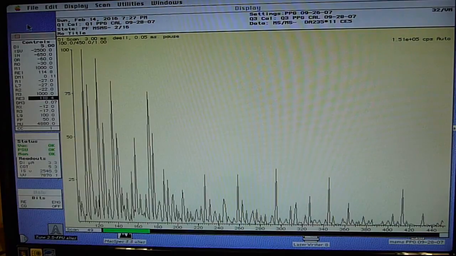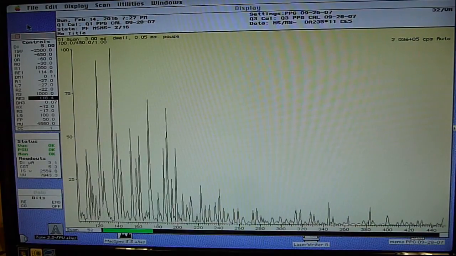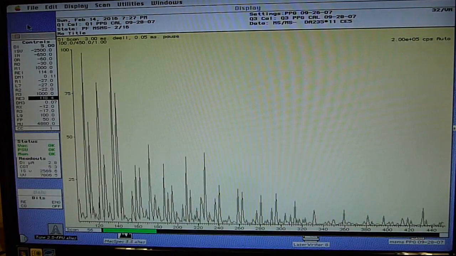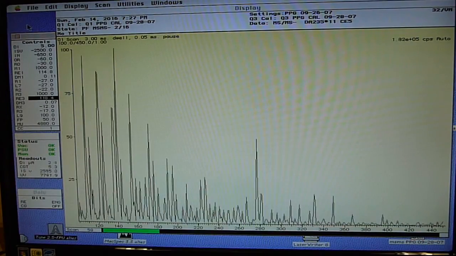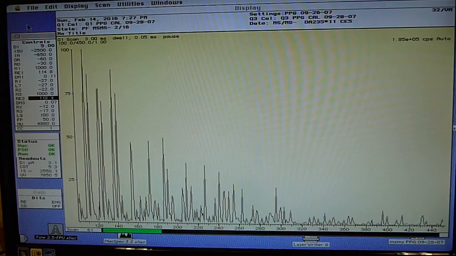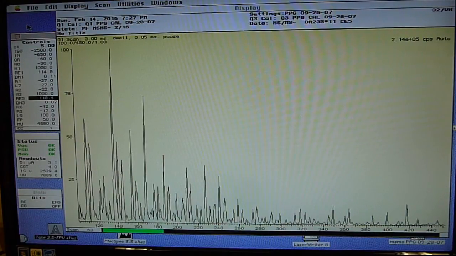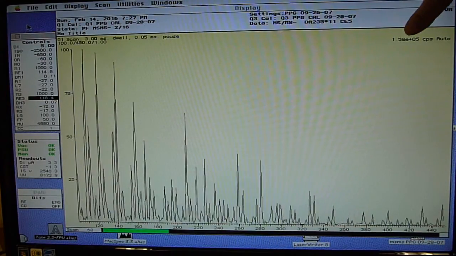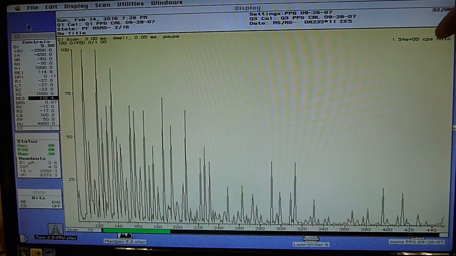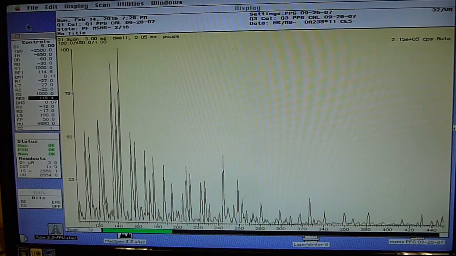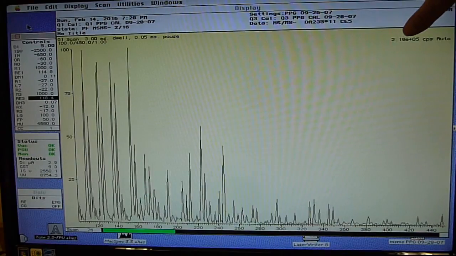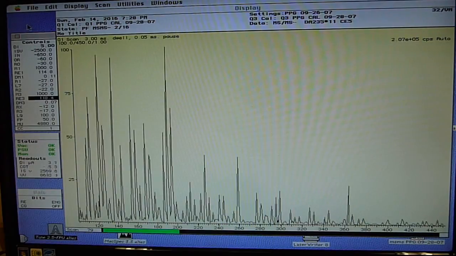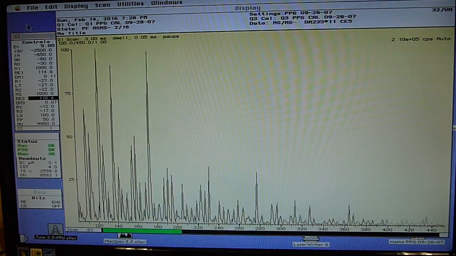Alright. So this is the instrument background. I have it scanning from 100 AMU to 450 AMU, 1 AMU steps. Each scan is roughly 1 second, and it's repeating itself. It should be noted that over here what we have are the counts per second. So the most intense peak is this value, and everything else is normalized to the most intense one.